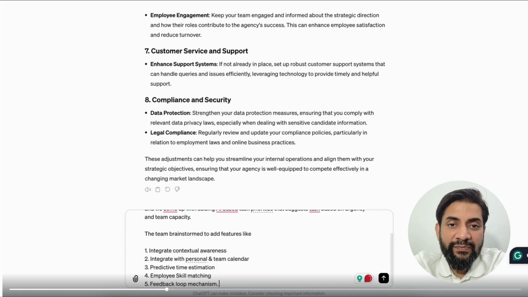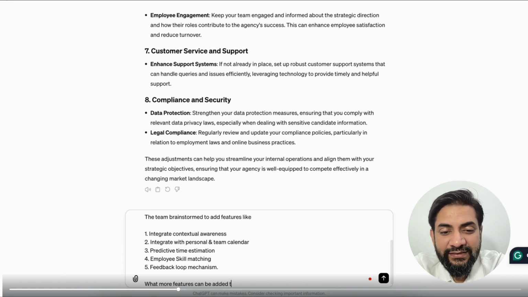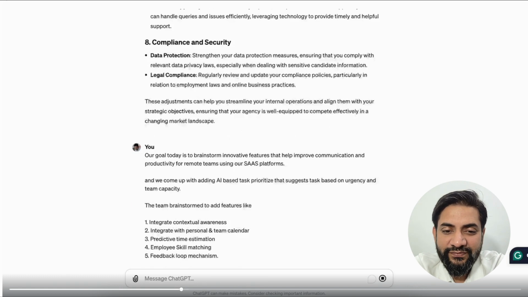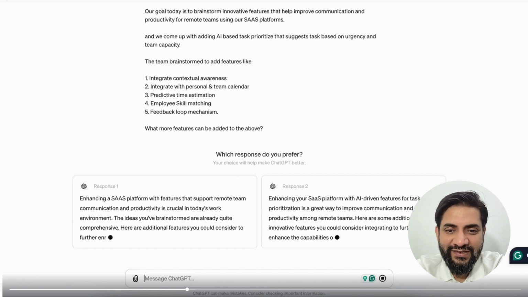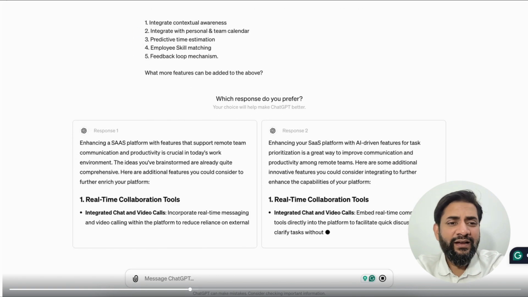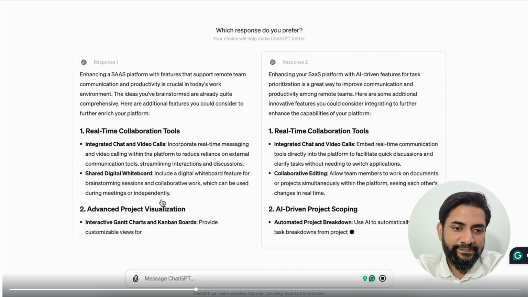Now I would ask ChatGPT to add some more to the above list. What more features can be added to the above? Now, ChatGPT is giving me two different responses, and based on the responses that I see, I would select one that looks better to me.